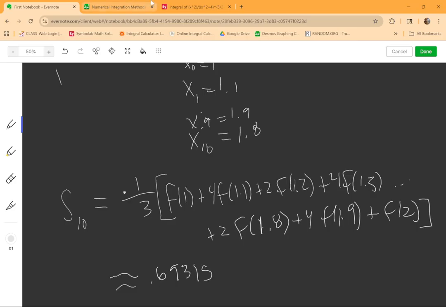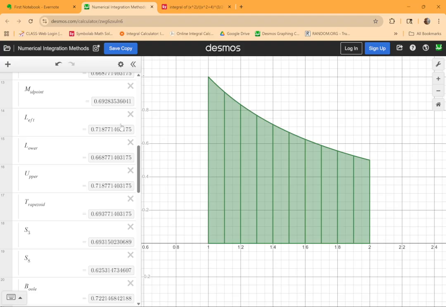Looking across the different values, we've done the midpoint, which is 0.6928, and then the trapezoidal rule, which is 0.6937. The Simpson's rule falls in between those. And it is an approximation that, if we do the analysis, is a combination of the midpoint and the trapezoid, so it will always fall in between those values.